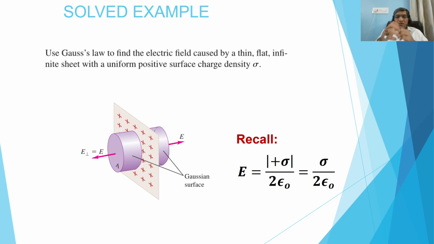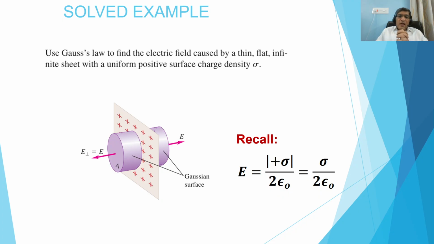If the charge is distributed in the volume, then we have a volume charge density, that is rho. But here we have a sheet, so we have a surface charge density, represented by sigma, charge per unit surface area. So we have an electric field E equal to sigma upon 2 epsilon naught. It is the exact answer.